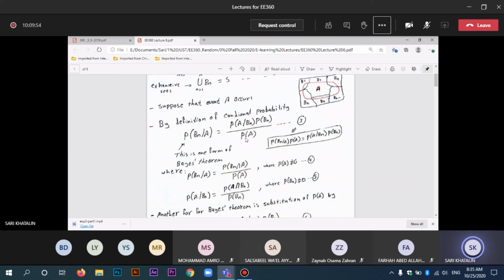Now, this equation 3 is one form of Bayes' theorem, okay?